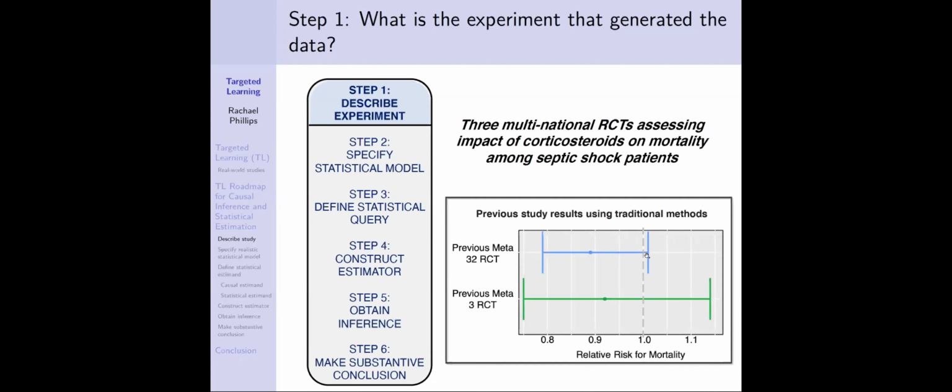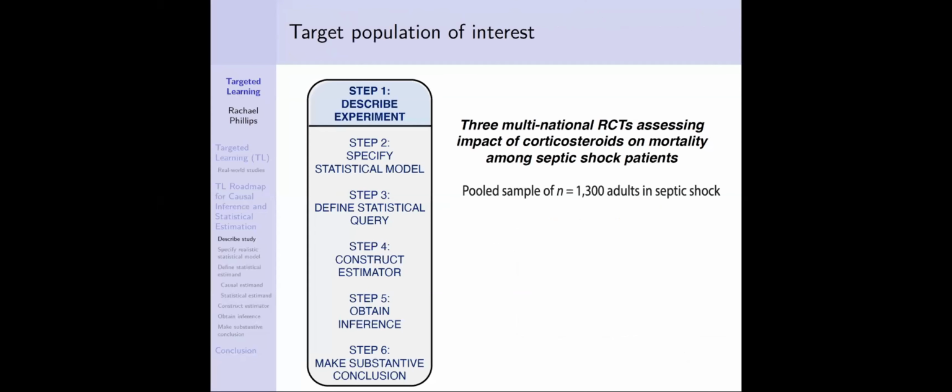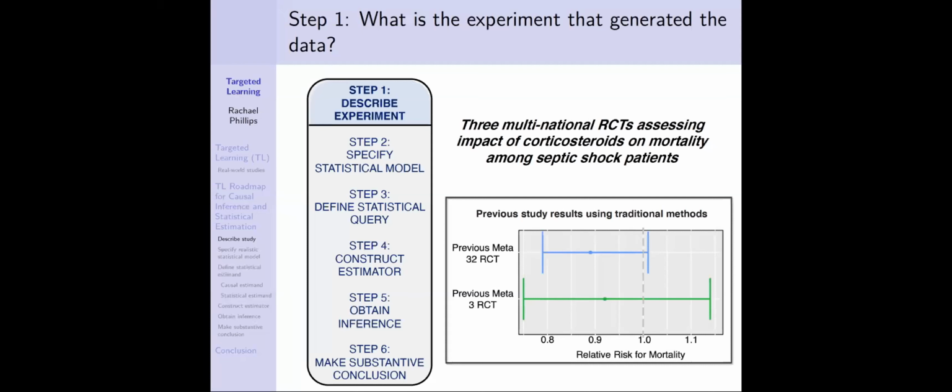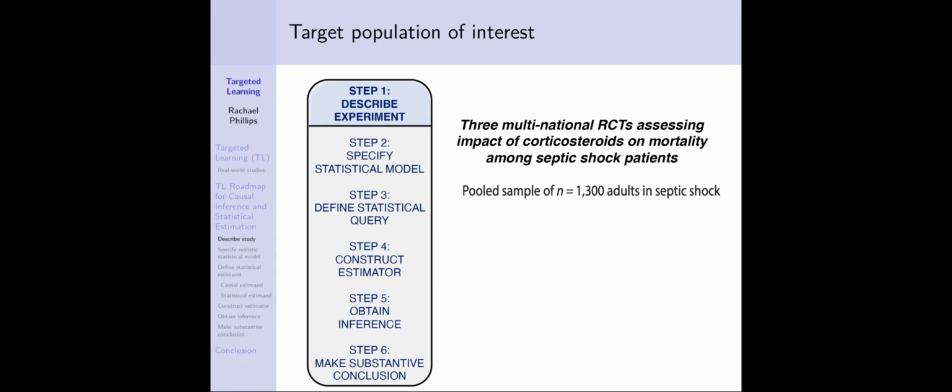We can see their confidence intervals here are overlapping the null of relative risk of 1. Okay, so we're going to use the same data from the 3 RCTs of the previous meta-analysis. This includes 1,300 adults, and our target population is adults in septic shock from these 3 randomized control trials.